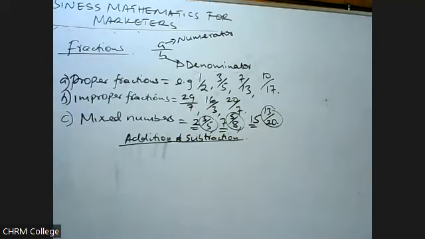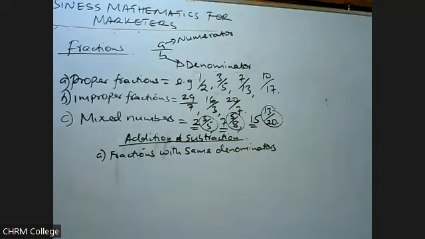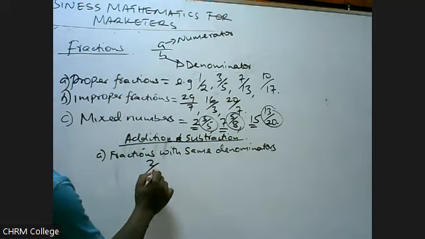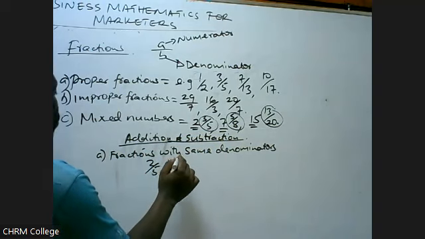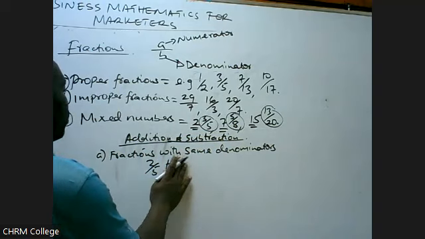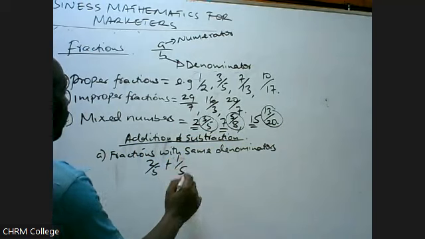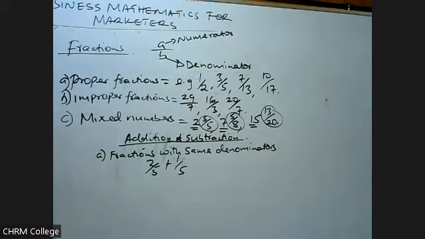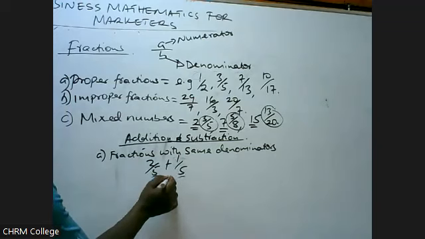For addition and subtraction, we shall start with A, the fractions with the same denominator. Like for example, you have 2 over 5 plus 1 over 5. The denominators are the same, 5.